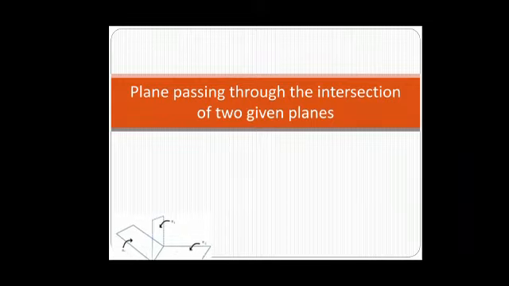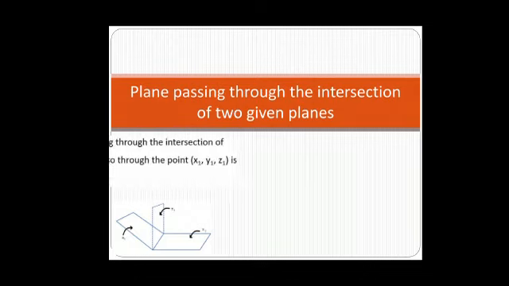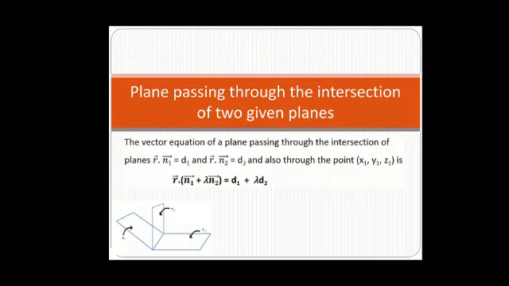Now if I have two planes as shown in the figure, say pi 1 and pi 2, and pi 3 is the plane which is passing through this, then the vector equation of a plane passing through the intersection of the planes r dot n1 equals d1 and r dot n2 equals d2 is r dot n1 plus lambda n2 equals d1 plus lambda d2.